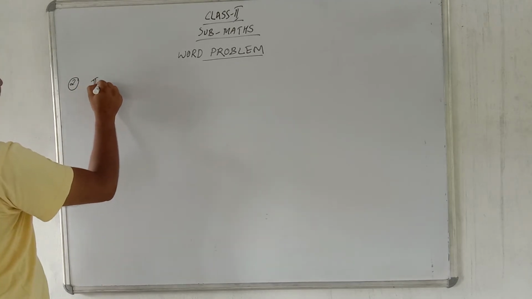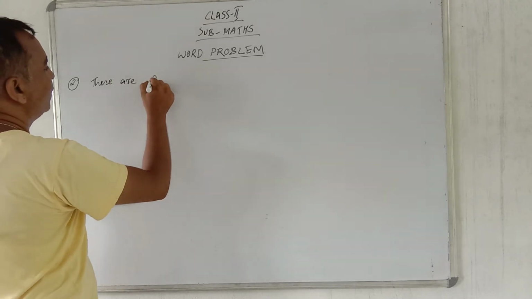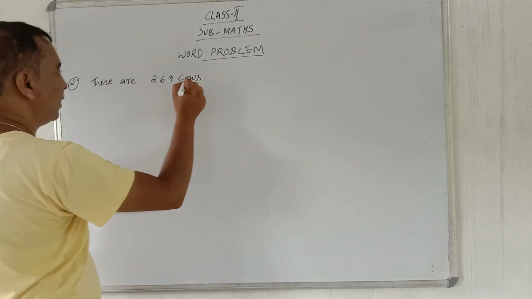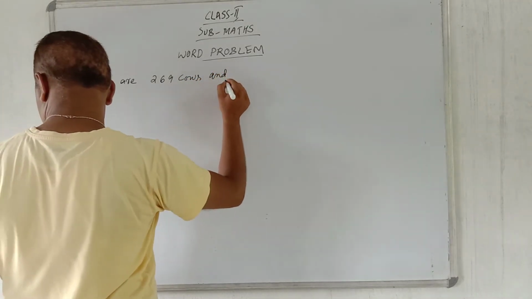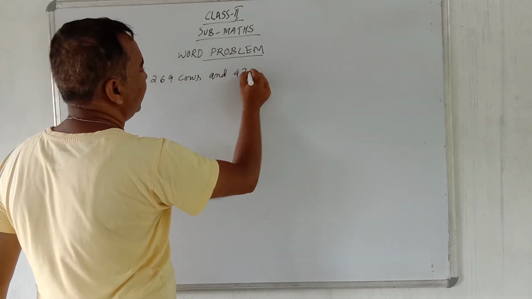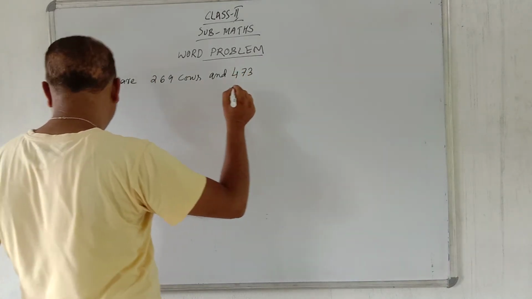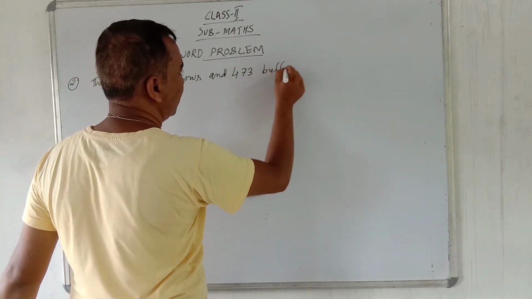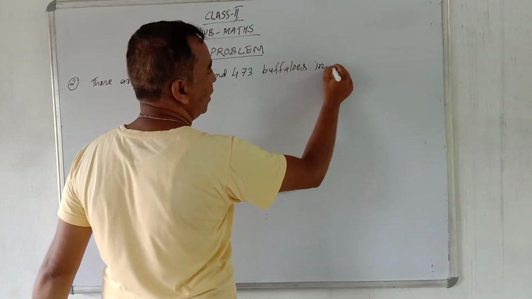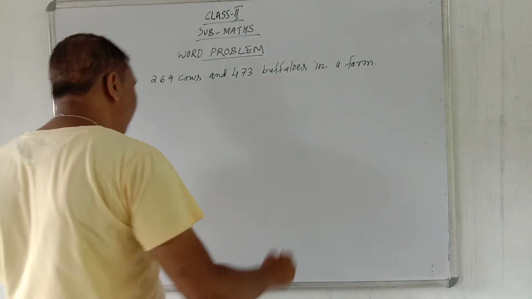Now example number 2. Please look at the statement. There are 269 cows and 473 buffaloes in a farm. Understood?